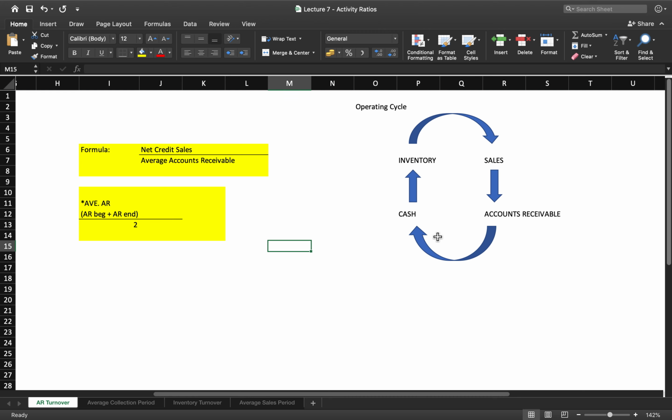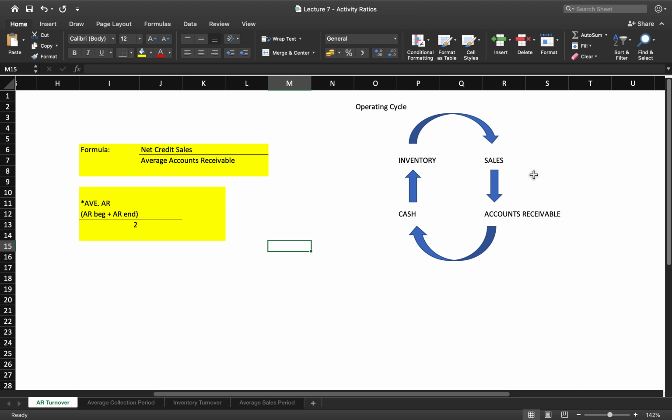We first have cash. We invest our cash by buying inventory. And then, eventually, this inventory would be sold. This would turn into cost of goods sold, and we will now generate sales.